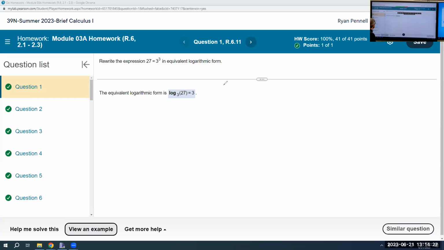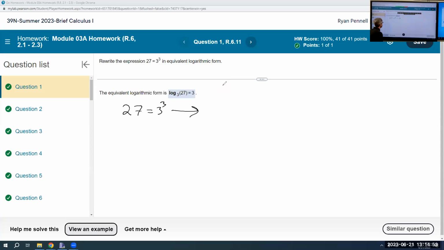Anyway, okay, let's actually do a problem. And the homework does do a good job of being in order to kind of build you up. So I want to do the first 7 problems. So we want to rewrite 27 equals 3 cubed in the logarithm form. I remember doing this in algebra class, so I know at one time you've seen it.